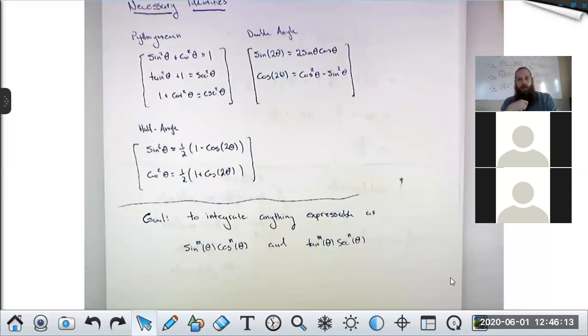It turns out that any mishmash of trig functions can be split up into stuff that looks like this.